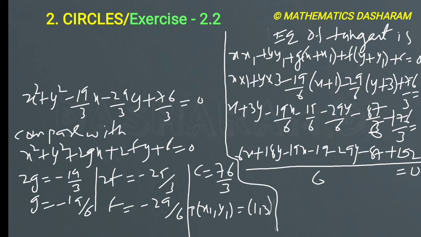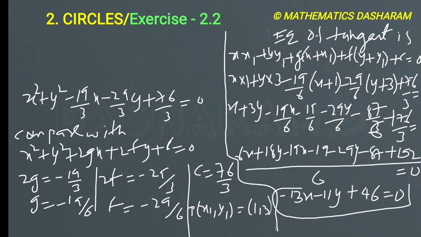Now 6x - 19x is -13x, 18y - 29y is -11y, then -19 - 87 + 152 is +46, equals 0. This is our required equation of the tangent. Otherwise, taking the minus common, 13x + 11y - 46 = 0.